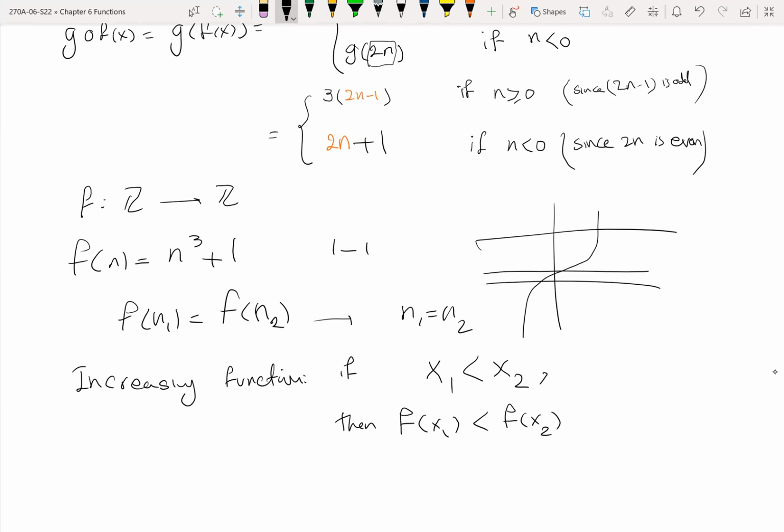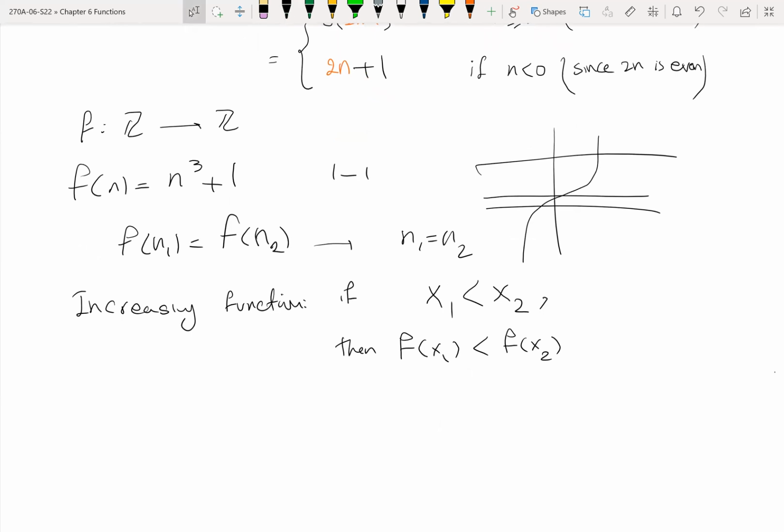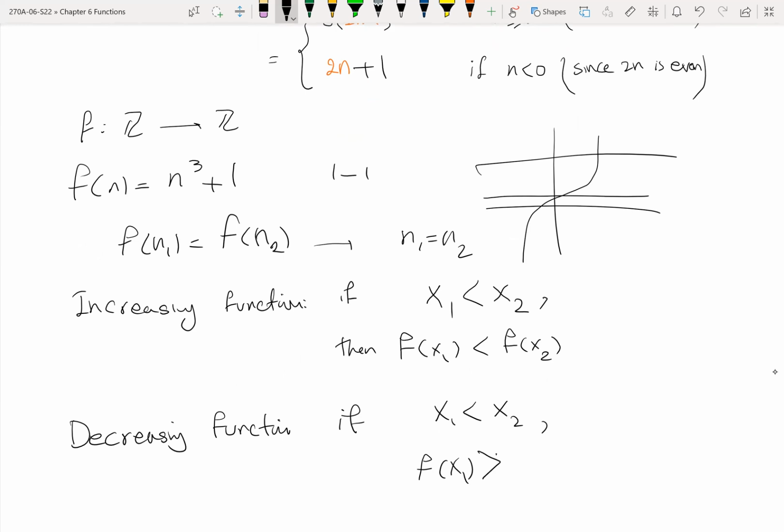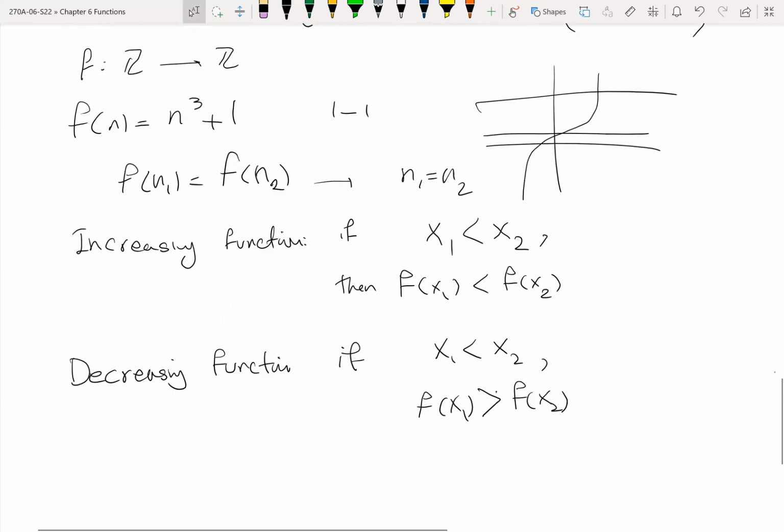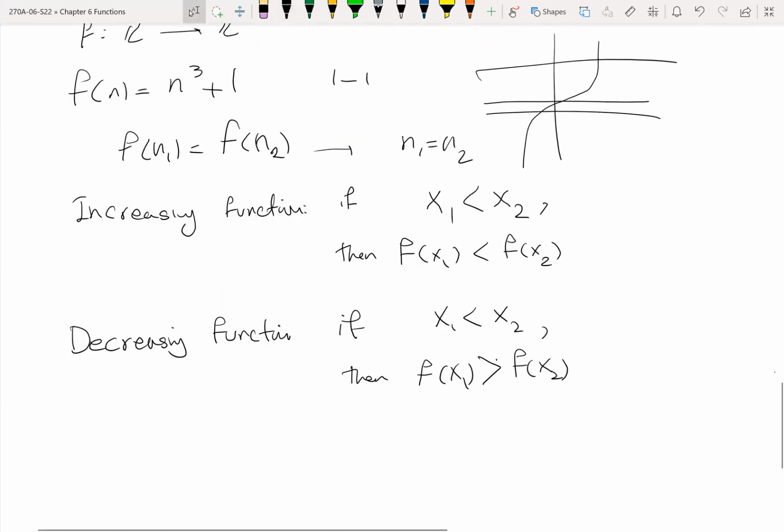That's what we call an increasing function. And for a decreasing function, it goes backward, right? When your x's are increasing, your f of x values are going backward. So it means you switch the inequality. So this is called a decreasing function.